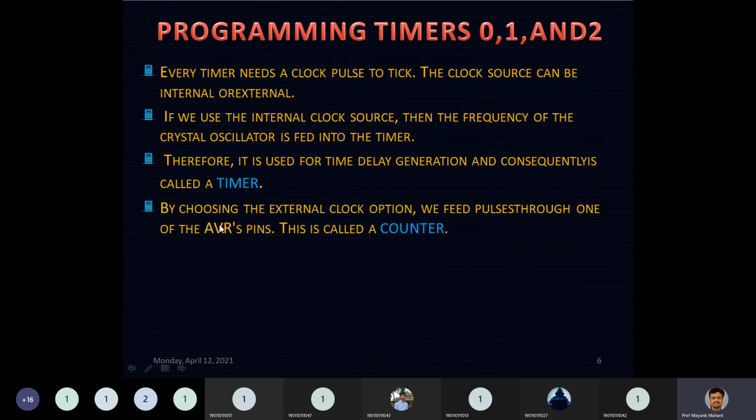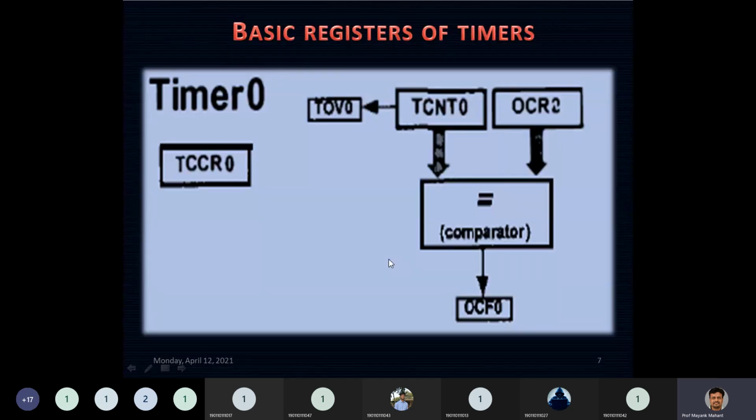But if we choose an external clock option, we feed the pulse through one of the AVR pins, whether it is T0, T1, T2, at that time the timer will be called a counter. So you do not have to be confused by the name, the module is one and the same. If you are sourcing it with your oscillator, it is working as a timer. If you are sourcing it with external pulses, it will be working as a counter.